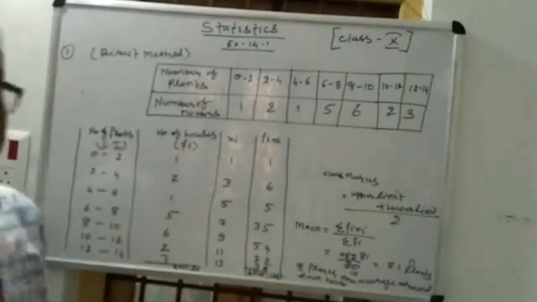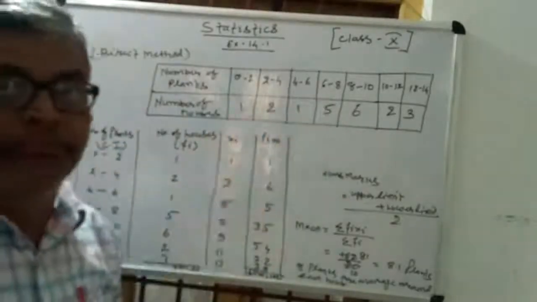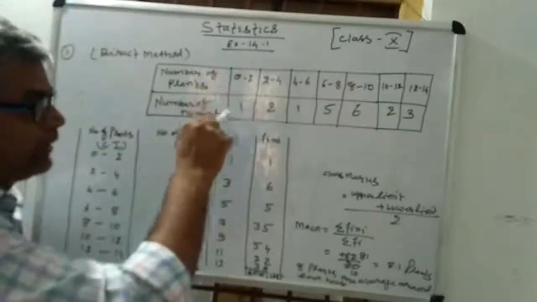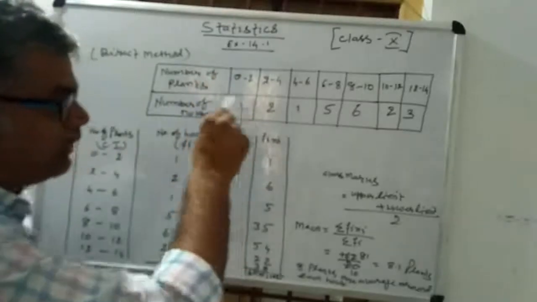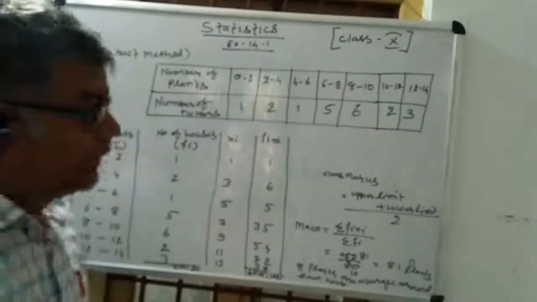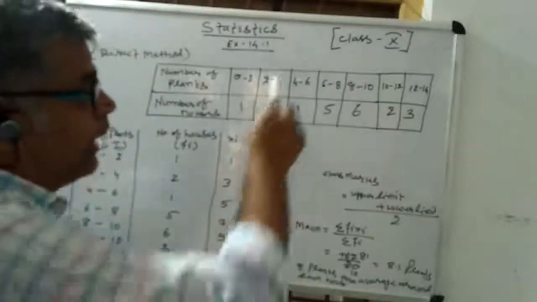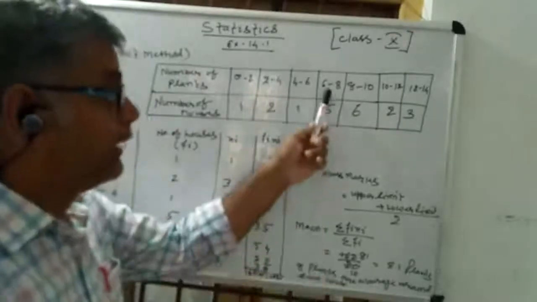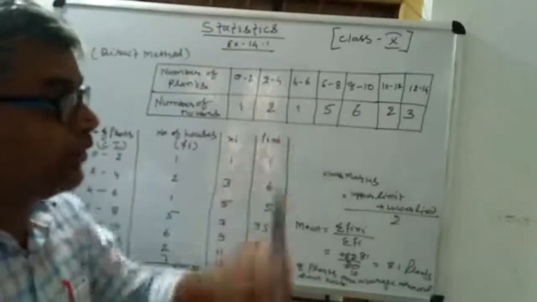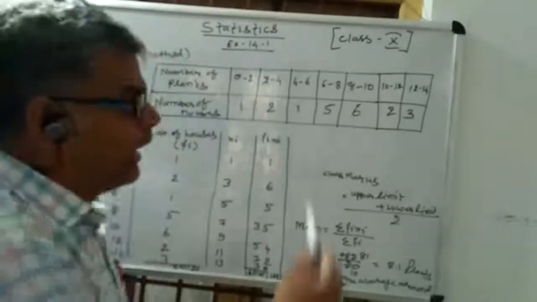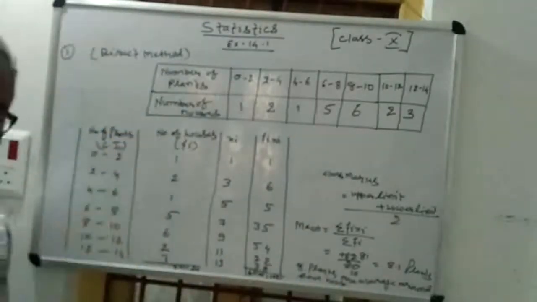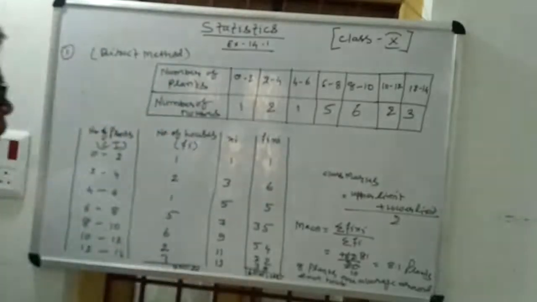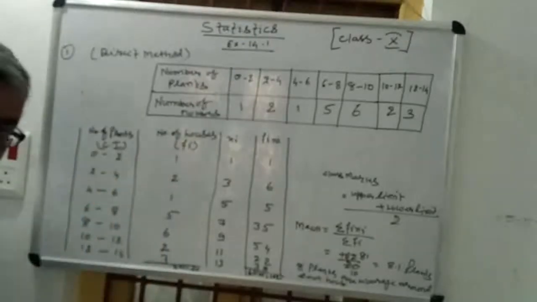So what was this? The survey was given in the question that 0 to 2 plants occur in one house's surroundings, 2 to 4 plants occur in 2 houses' surroundings, 4 to 6 plants occur in one house's surroundings, and 6 to 8 plants occur in 5 houses' surroundings, and similarly. So now you need to find the mean value of the plants surrounding each house. So we prepare this table.